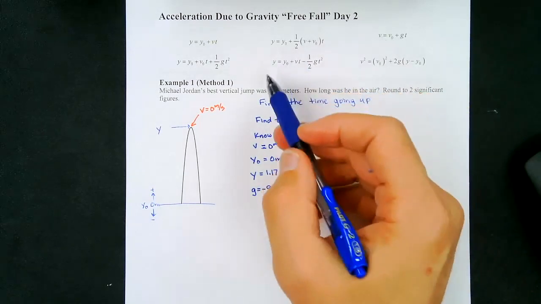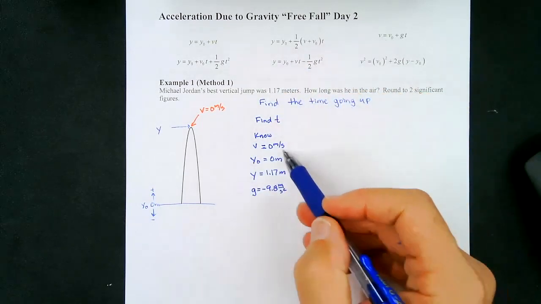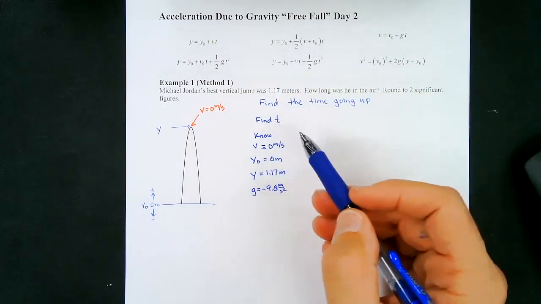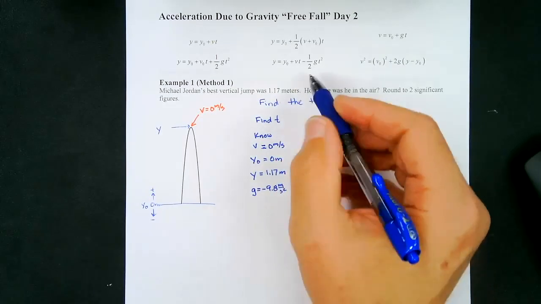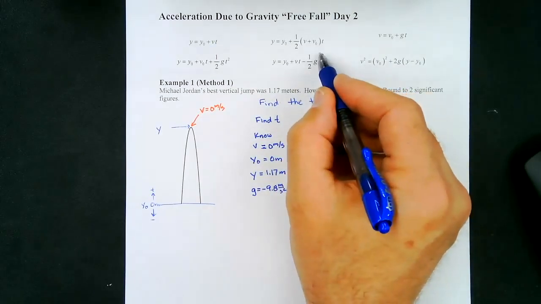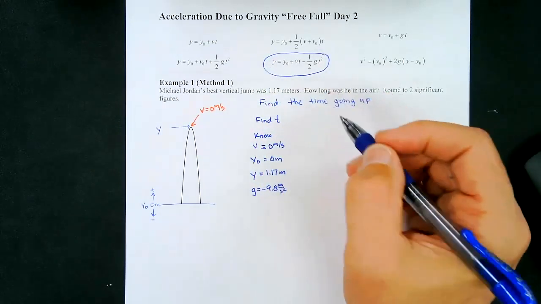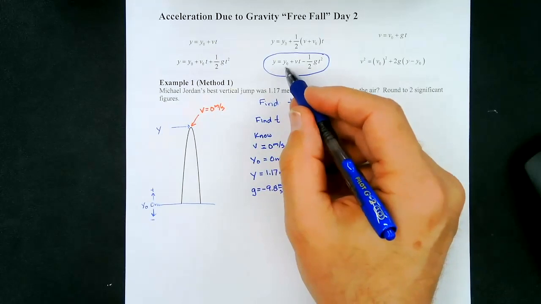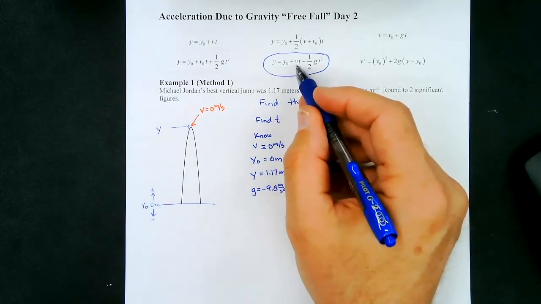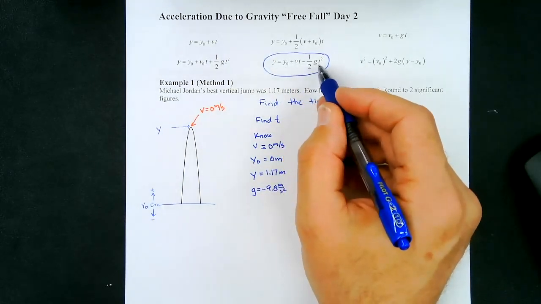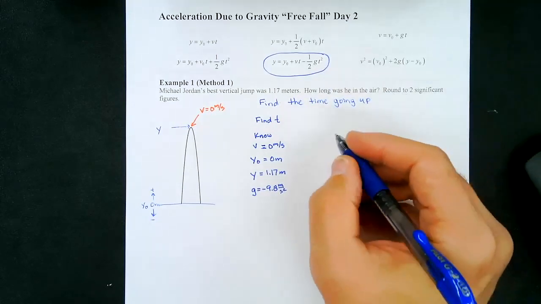So which equation deals with all of this and t? We should realize it's this one right here, because I have y sub 0, the final velocity, which is 0, and g, and I can use this to find t.